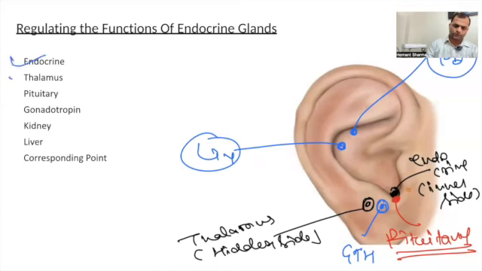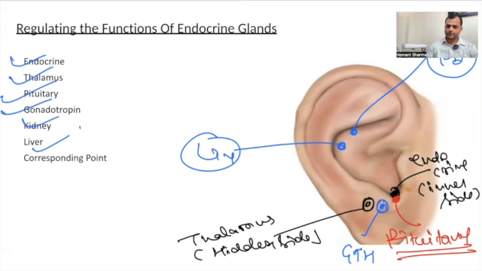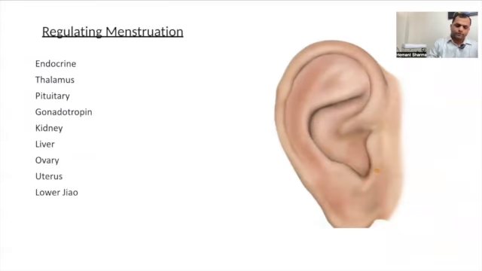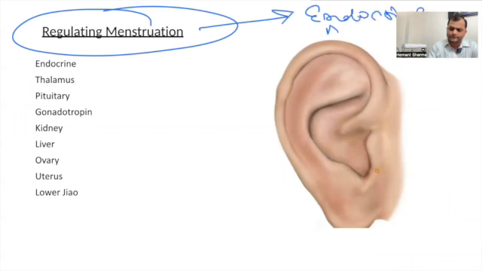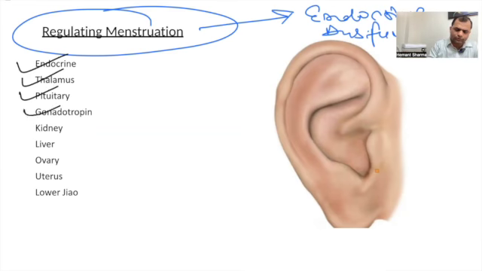So the 1, 2, 3, 4, 5, and 6. Now we want to treat the menstrual problem, which is the problem connected with the endocrine dysfunction. So the 6 point will be there. 1, 2, 3, 4, 4 are the hormonal points.